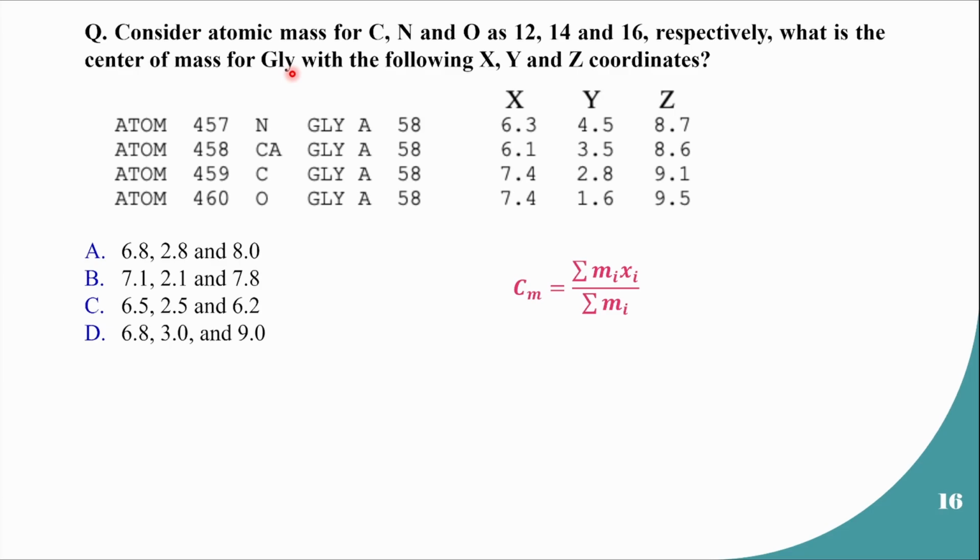You have to calculate for each atom, consider their mass, consider their coordinate values. You do a summation of all of that, divide that by the total summation of masses for all of these atoms, and then you can arrive at the conclusion.